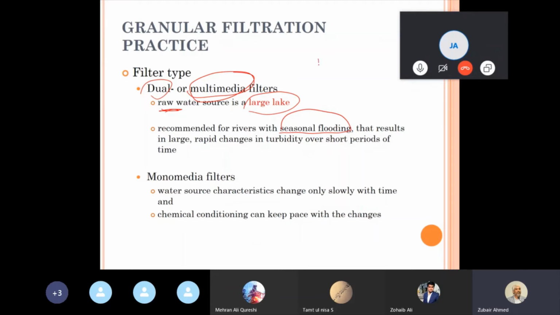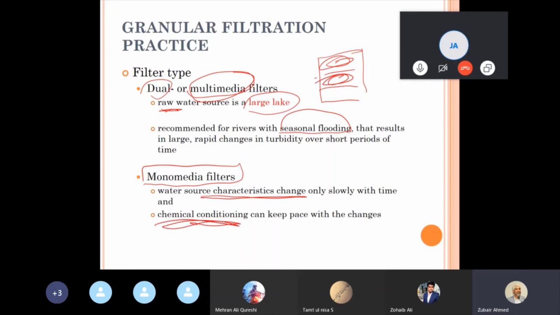So we use dual media in this case, two different media. We use mono media filter when the change in source water characteristics with time is very low. The concentration of contaminants is constant or very low, because we do some chemical conditioning before this. In this case we use mono media.